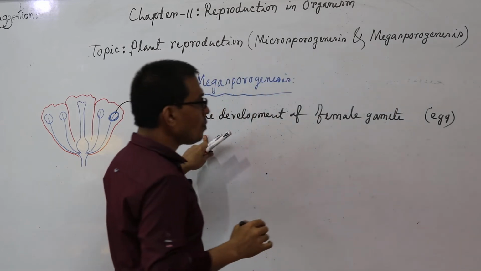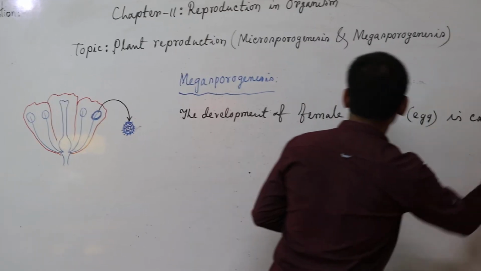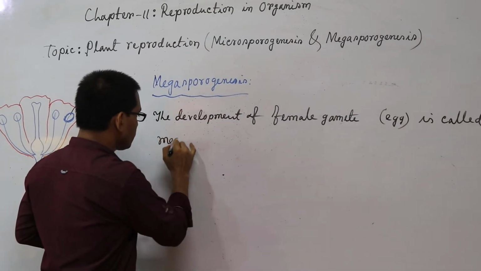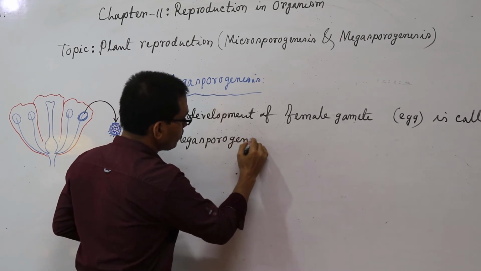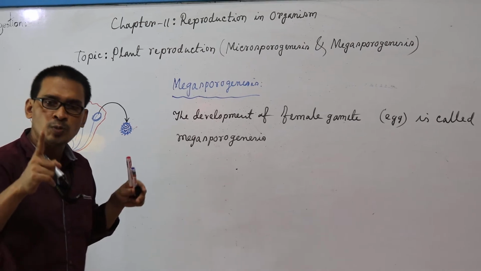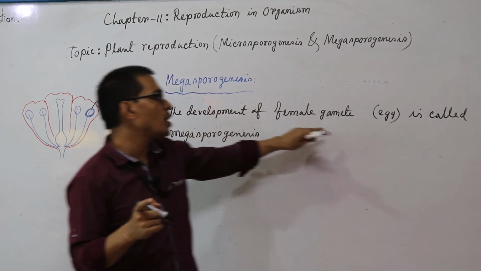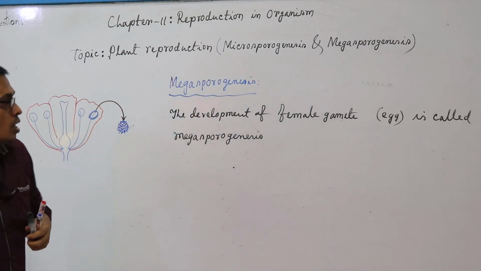The development of female gamete is called megasporogenesis. Development of male gamete is microsporogenesis, and development of female gamete is known as megasporogenesis.